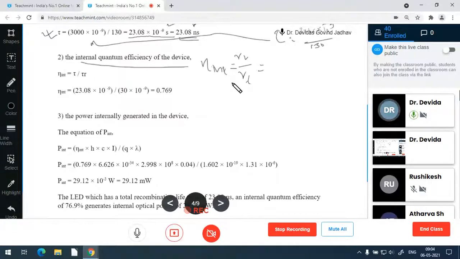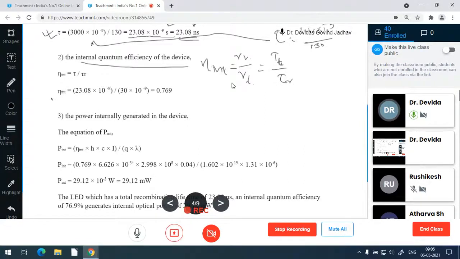This is also given as tau total divided by tau r. So in frequency, radiative goes into the numerator; in time, it goes into the denominator. In frequency, total goes in the denominator; with time, it goes into the numerator. Total time divided by radiative.